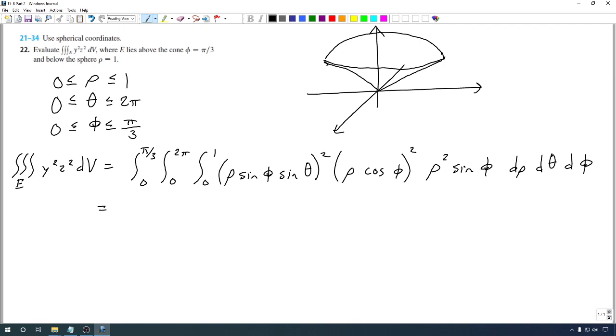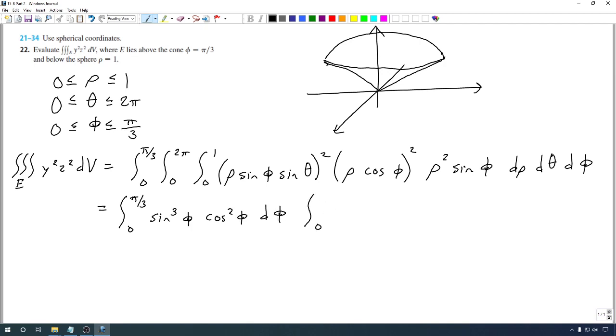Since it's all being multiplied together, I can split apart my integral into 3 parts. I take all the parts that have a phi in them: a sine squared, a cosine squared, and this extra sine. So we have 3 copies of sine of phi and 2 copies of cosine of phi.